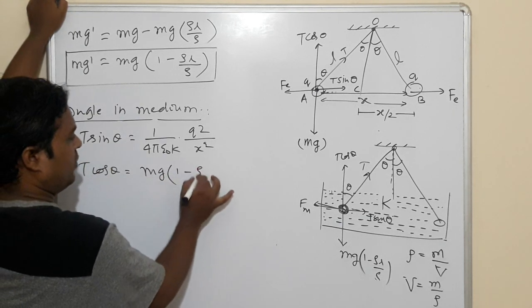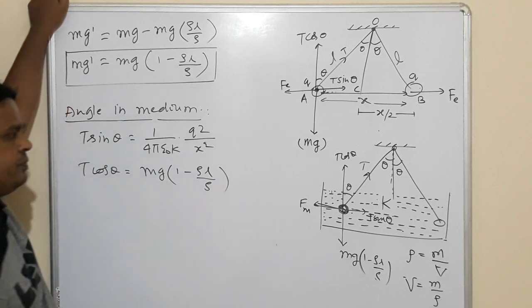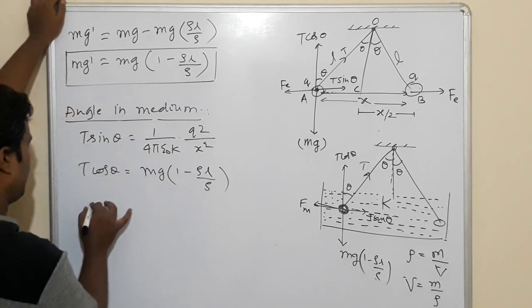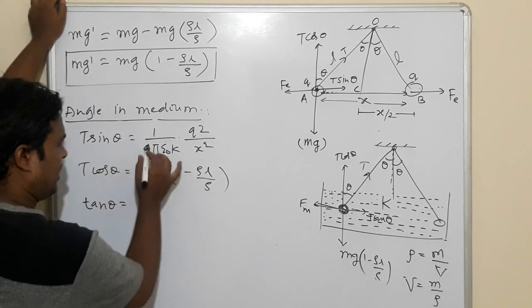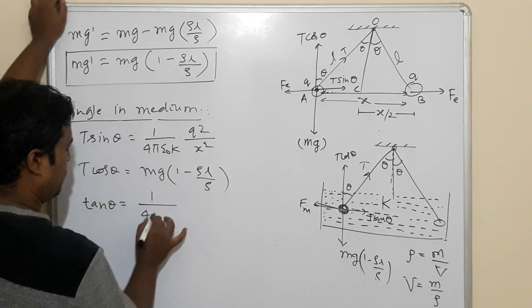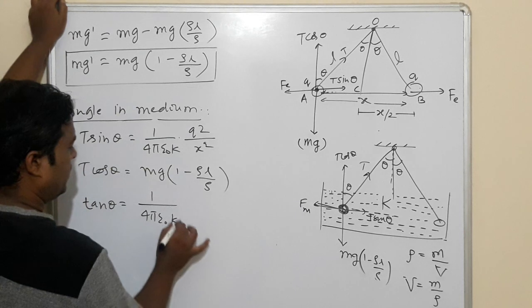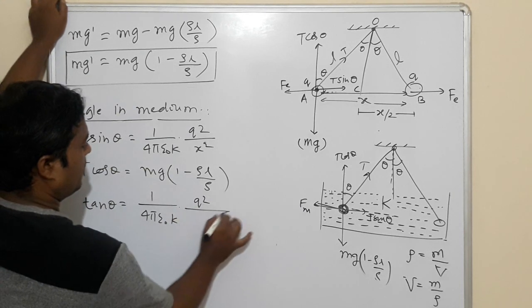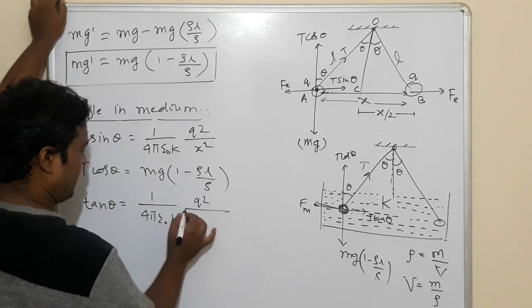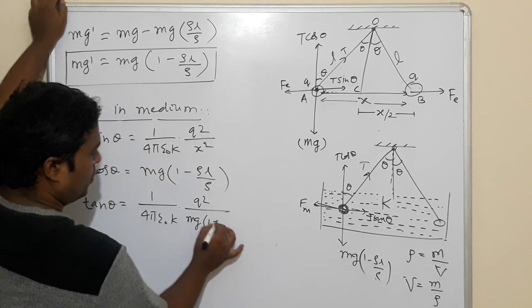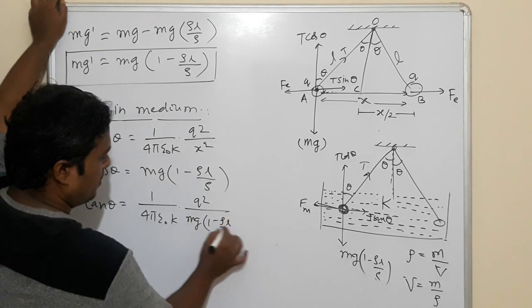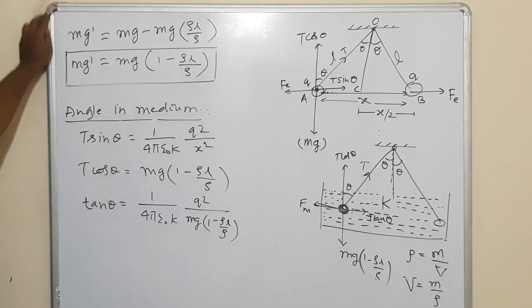Mg dash is mg into 1 minus rho L by rho. Then if you calculate tan theta, what will I get? 1 by 4 pi epsilon naught k q square by mg into 1 minus rho L by rho.